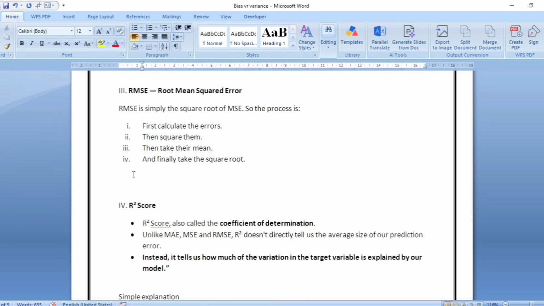Suppose we are predicting salaries in rupees. The errors are measured in rupees, but when we square the errors for mean squared error, their unit becomes rupees squared. So that's not very intuitive. Taking the square root brings us back to the original unit. So root mean squared error is easier to interpret.